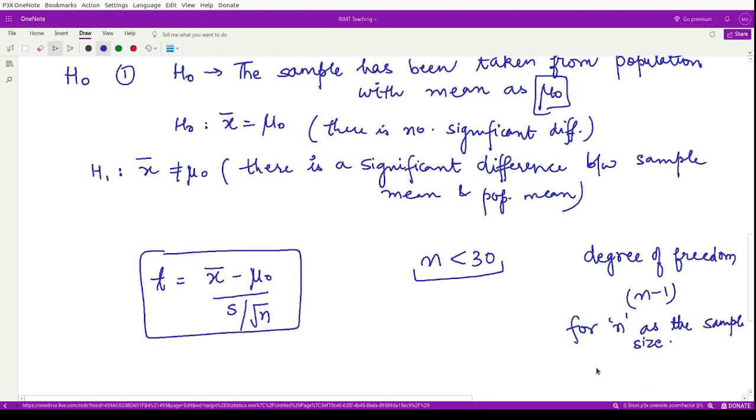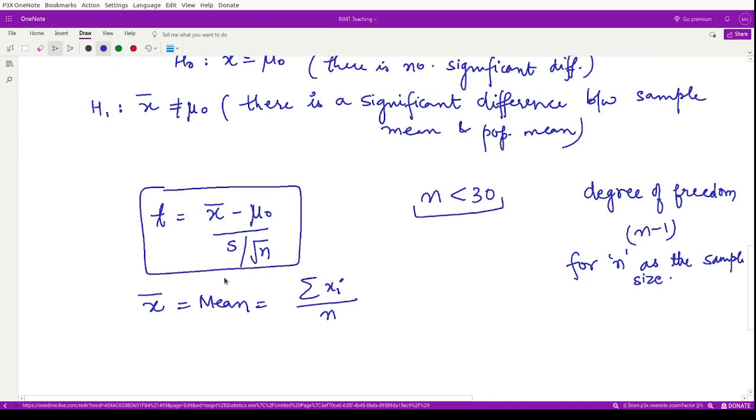Right? So we will use this thing here, where what is s? First of all, what is x bar? That is the mean of the sample. And how do you calculate the mean of the sample? Summation xi divided by the total number of elements present in the sample. And how do you calculate this s? You calculate this s by computing the square root of the difference of squares, the usual method by which you calculate the standard deviation.